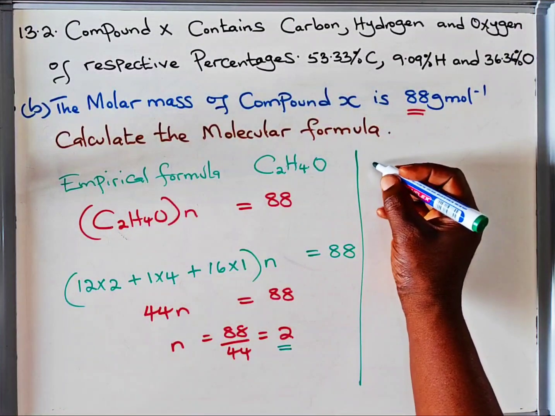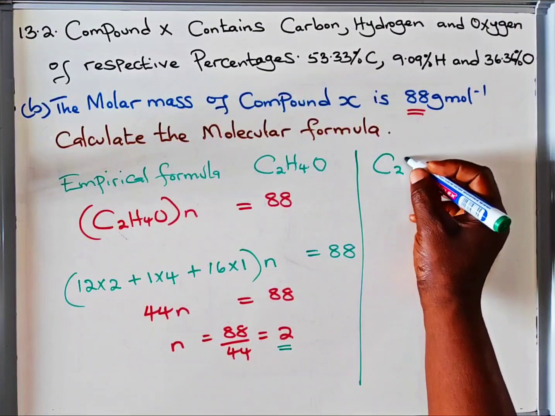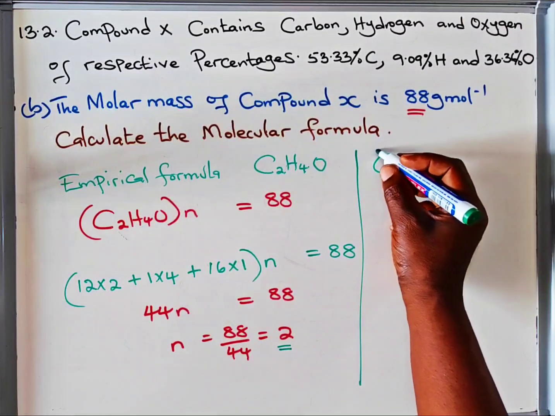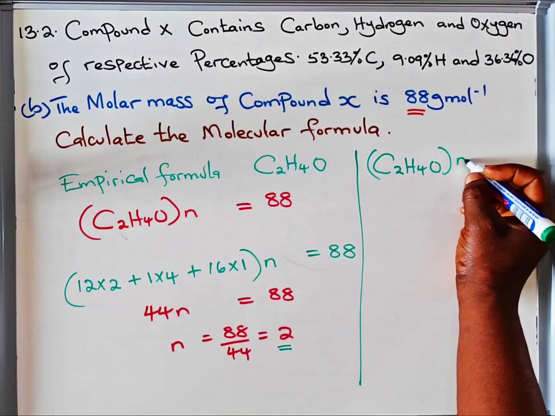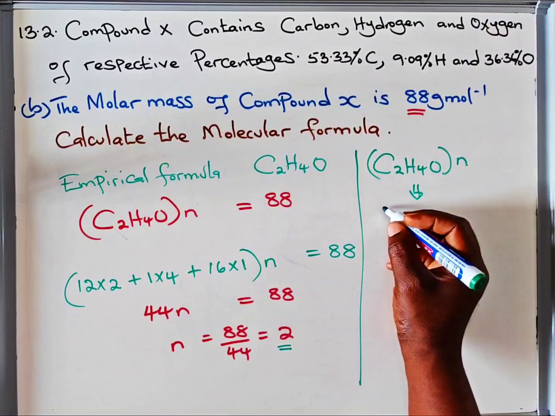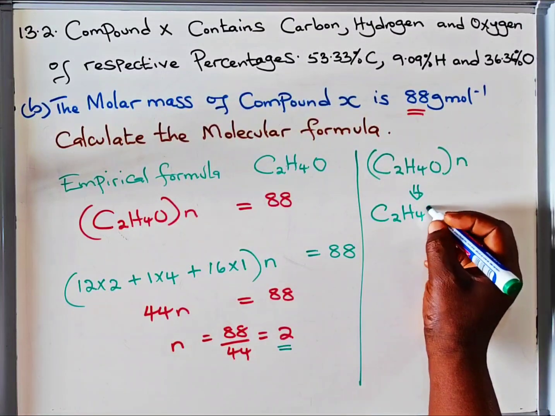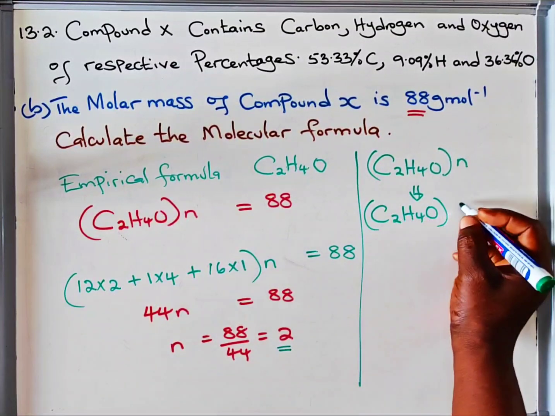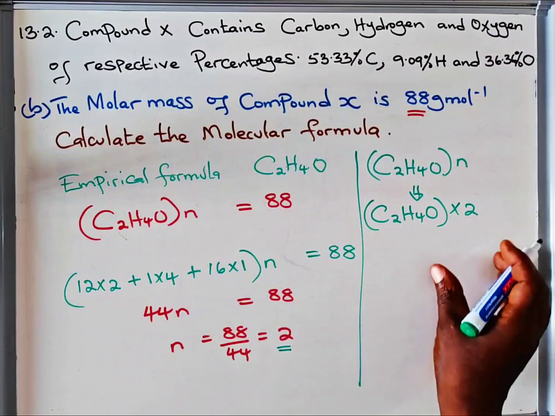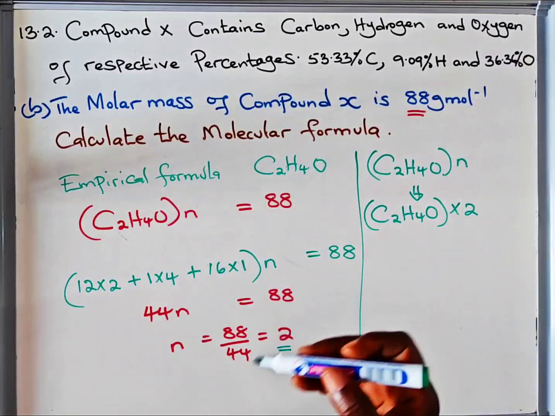It means that our empirical formula, C2H4O into n, is this time around giving us C2H4O times 2, this number. So when you multiply throughout by 2, what are you going to get?